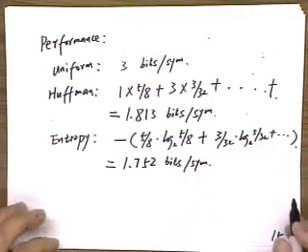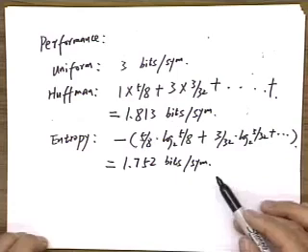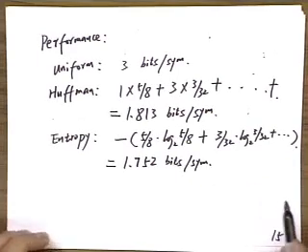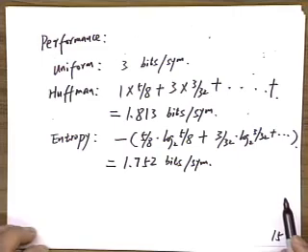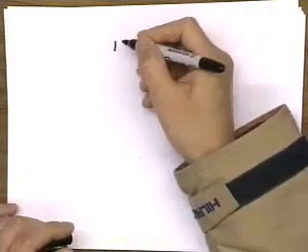So Huffman coding saved about 1 bit per symbol, and it's also pretty close to the entropy in this case. And I think Huffman coding is used by today's commercialized video coding standards like MPEG-4, MPEG, or the H.26x series.